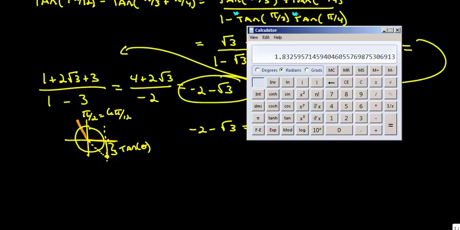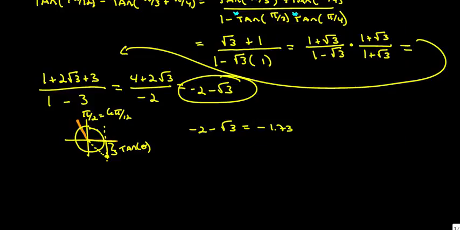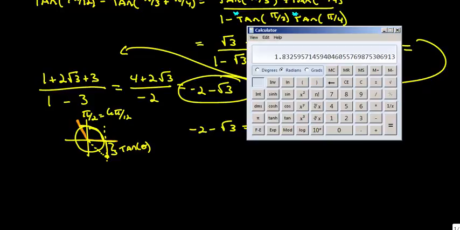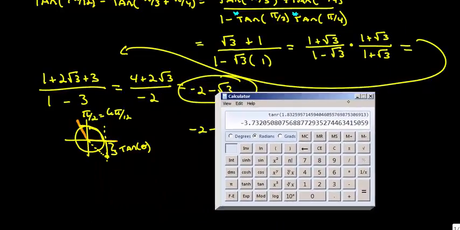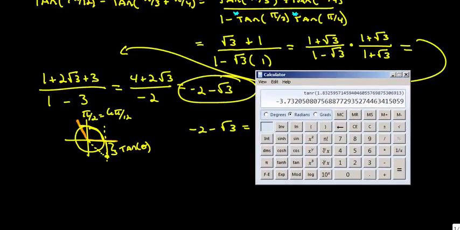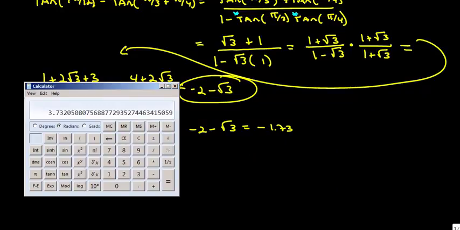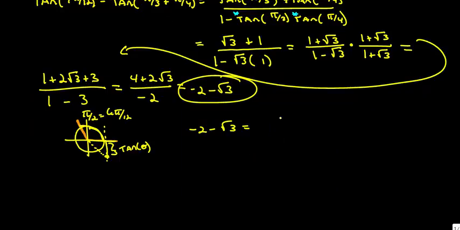That makes sense, since we're almost 2 radians out along our circle. Now I want the tangent value at that, and that gives me negative 3.73. Checking the other one, 2 plus the square root of 3 is 3.73, so that does make sense: negative 3.73 approximately.